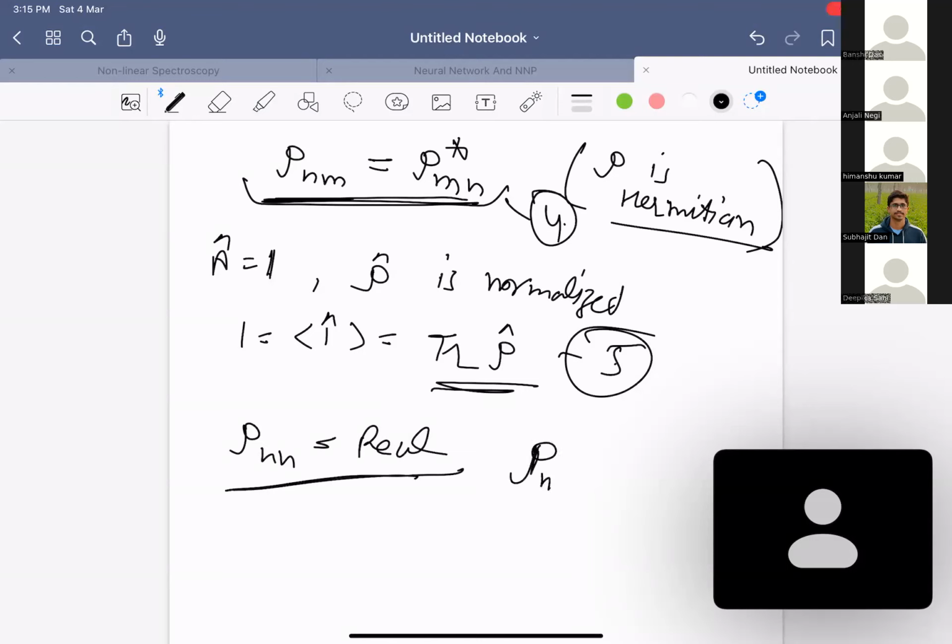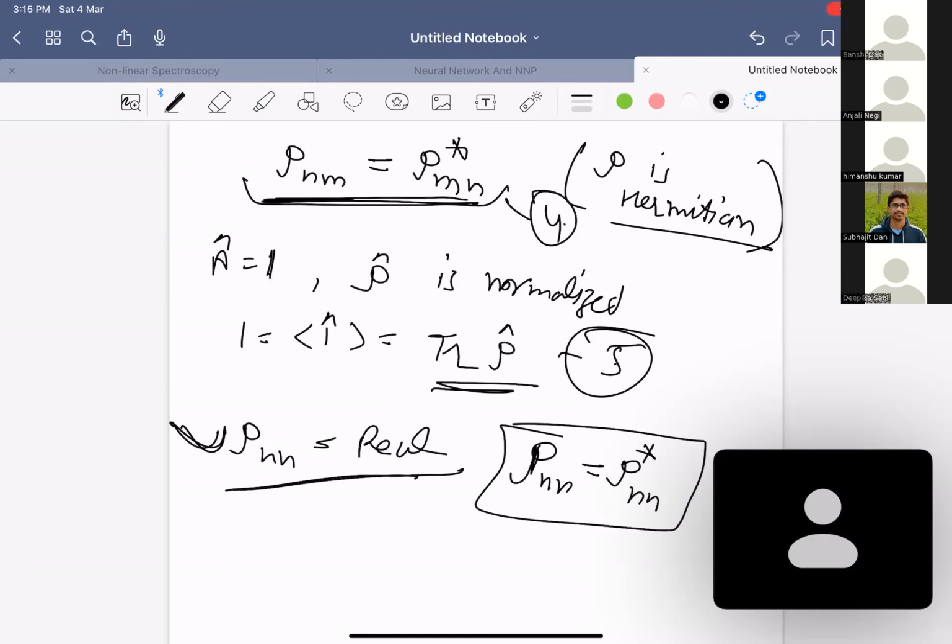What I am saying is, if rho nn is equal to rho nn star, then that is only possible if the elements rho nn are real.